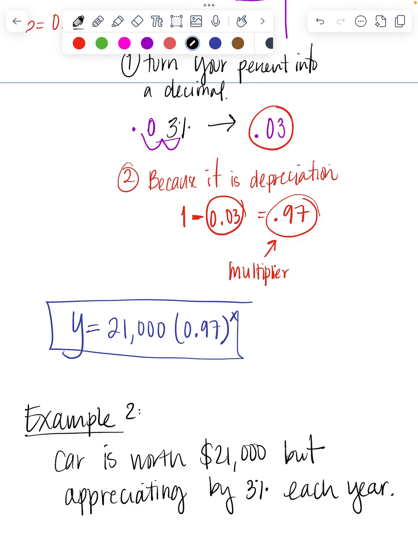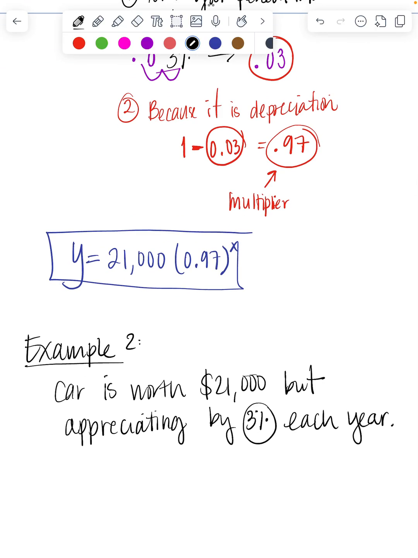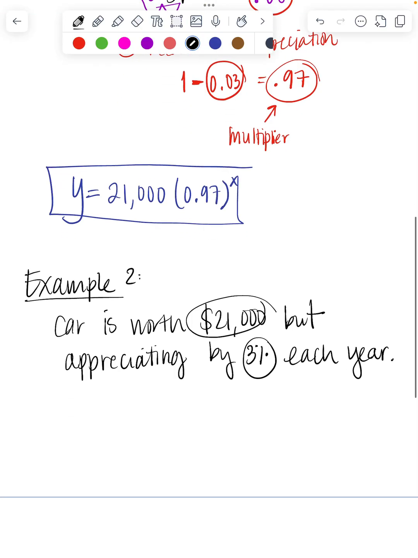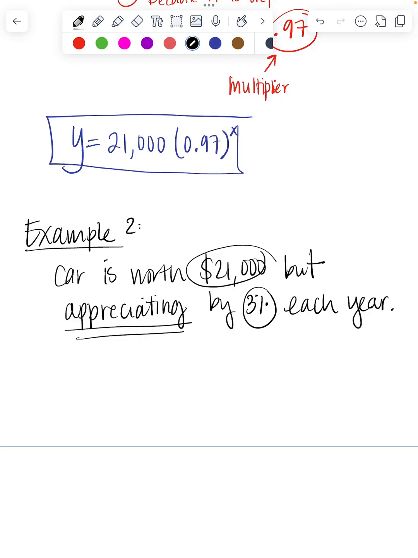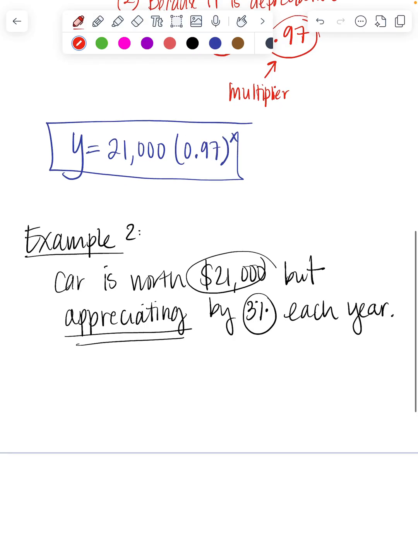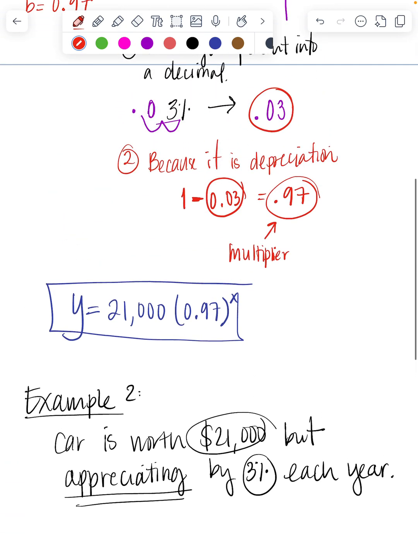Okay. So same idea, but this time it's appreciating. The difference between appreciating and depreciating would be the second step that we talked about.